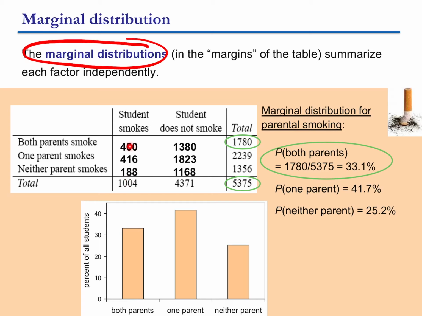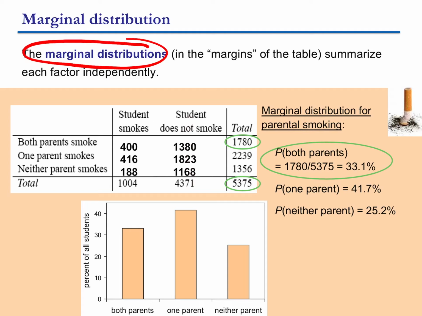For both parents smoking, 400 plus 1,380 gives us a total of 1,780 students. 2,239 said only one parent smokes, and 1,356 said neither parent smoked. Of all 5,375 students, 1,004 said they smoked, and 4,371 said they did not. So what we're looking at here are the marginal distributions.